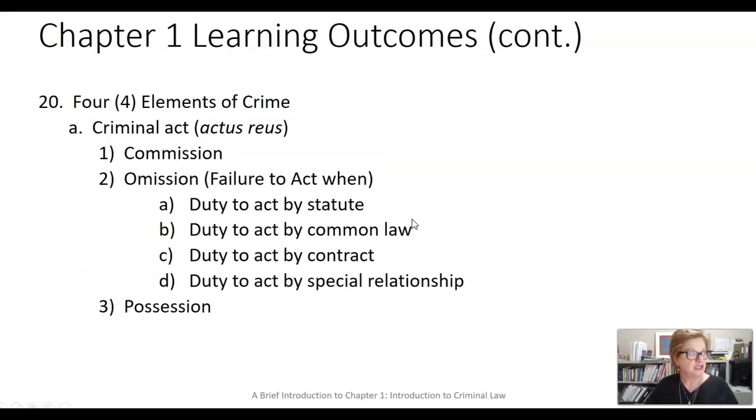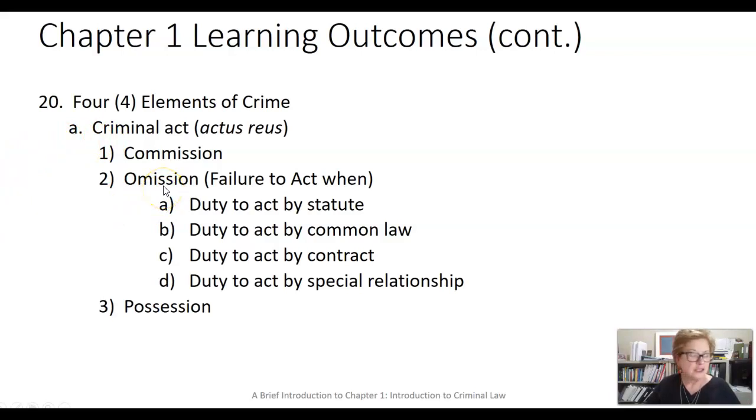Part of that in chapter 1, we'll look at what can be a criminal act, such as commission. Doing something the law says you can't do. Can't kill somebody without justification or excuse. You're going to be held criminally responsible. It's a criminal homicide. Whether it's murder or manslaughter, we'll figure that out in chapter 2. Sometimes the failure to act. There's a duty to act.